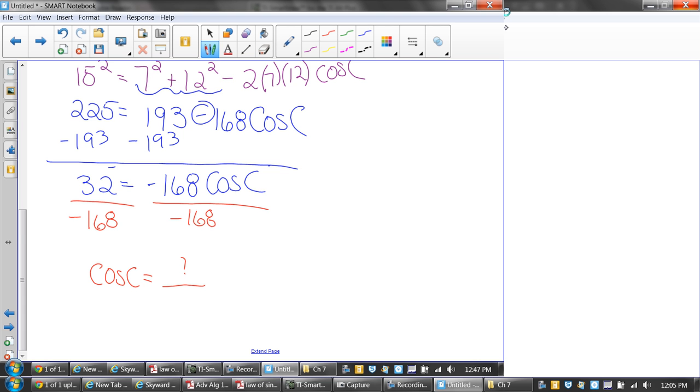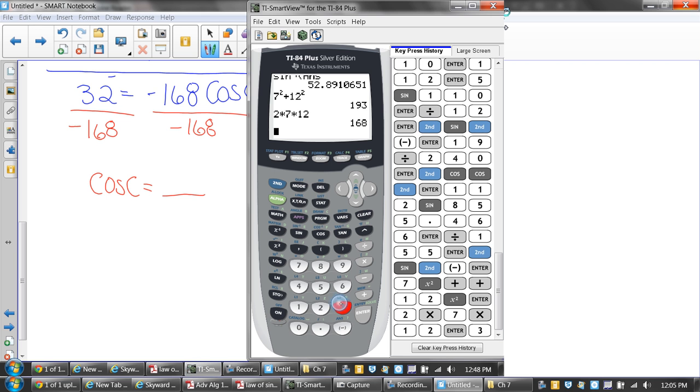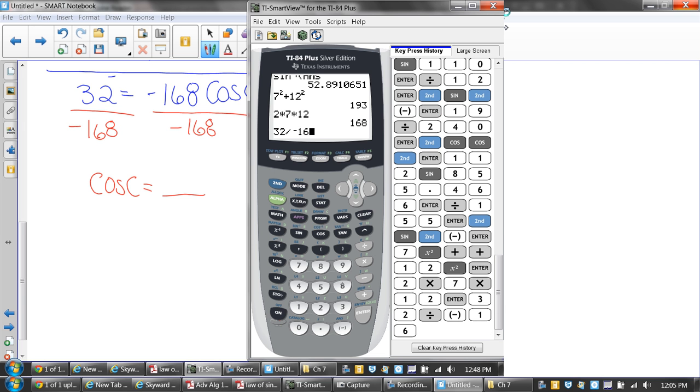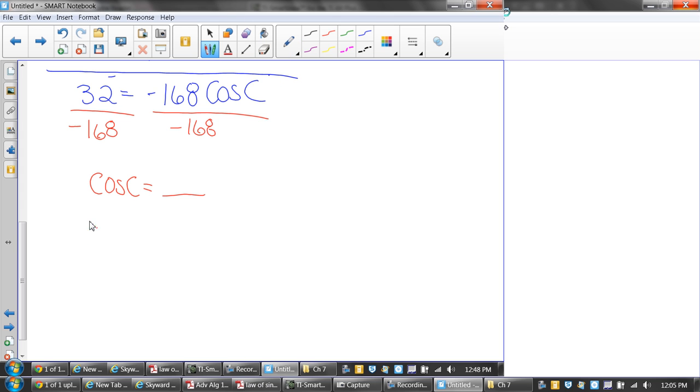Cosine of C is 0.1 whatever it winds up, and the angle itself is 100.98, I believe. You just plug it in. You divide this, you get that decimal, then you take the inverse cosine.